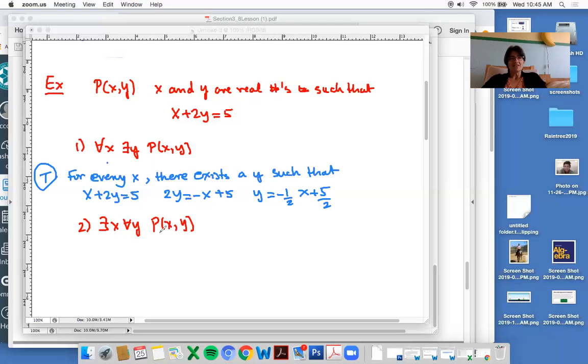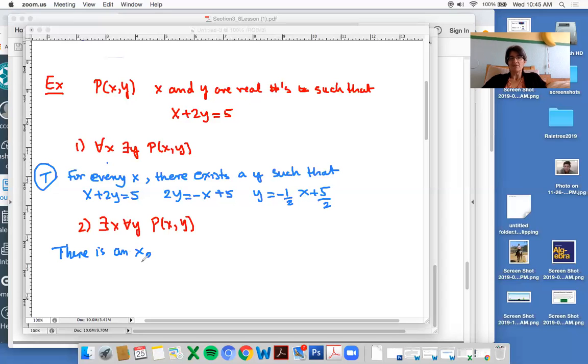Now let's look at it if I turn it around. This says there exists an x such that for all real numbers y, that proposition is true. So this is a particular x value. Let's call it x naught.